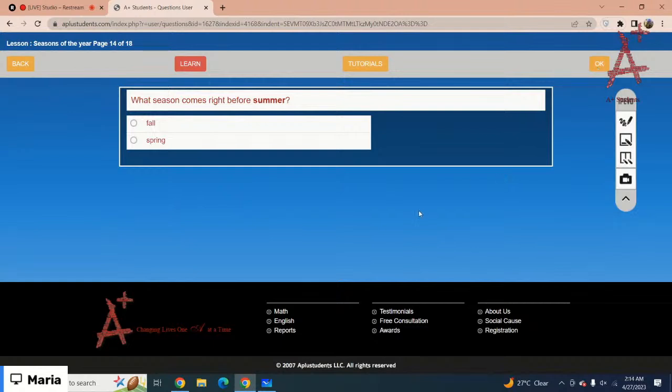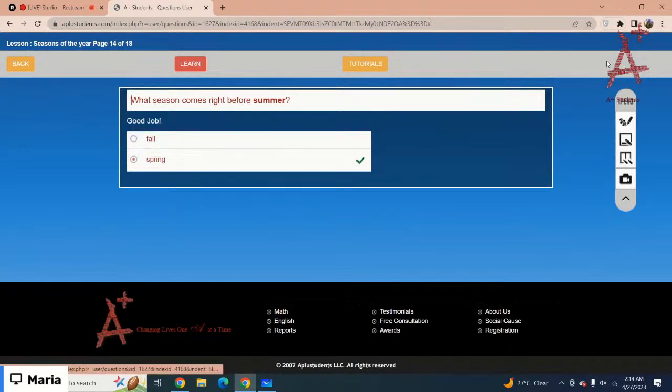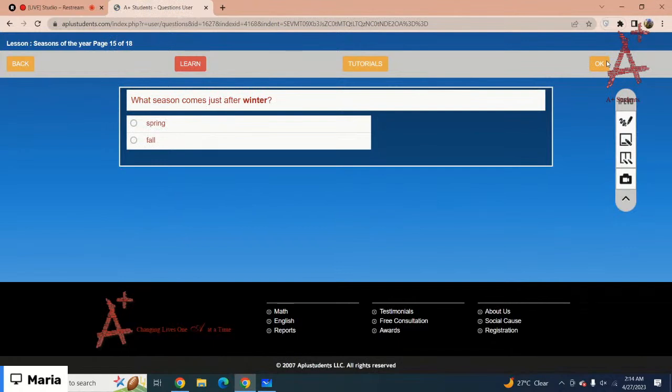Right before summer, you have spring. What season comes just after winter? It is spring right after the winter.